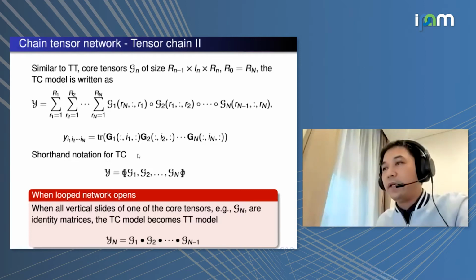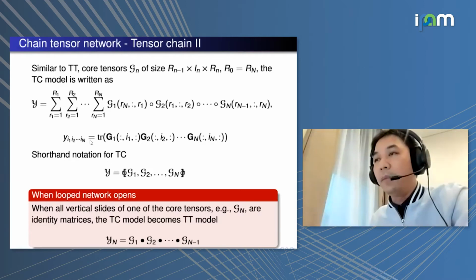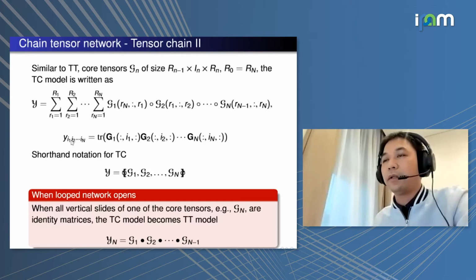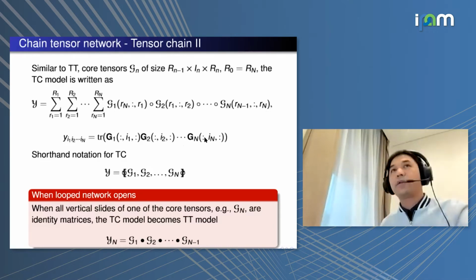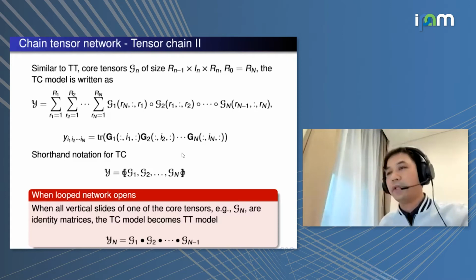We also write here the element-wise expression for the Y tensor. In this case, you have the trace. You take the slice of the first core tensor, multiply with the lateral slice in the second core tensor, and so on to the slice of the last core tensor.